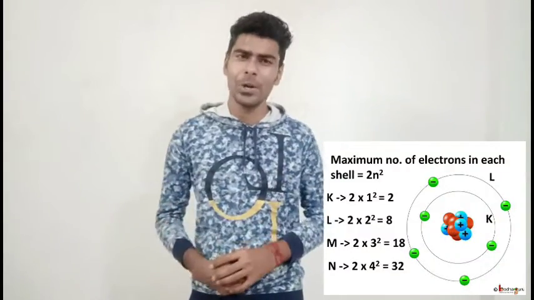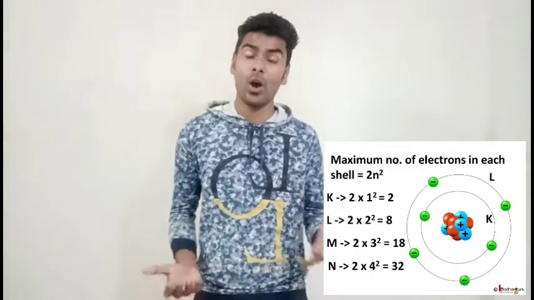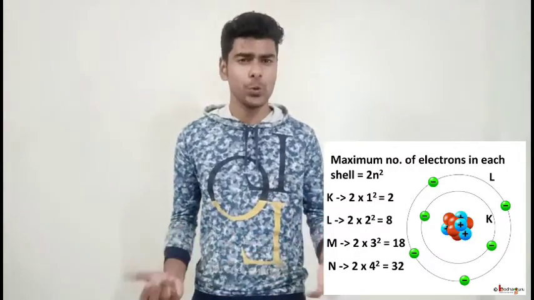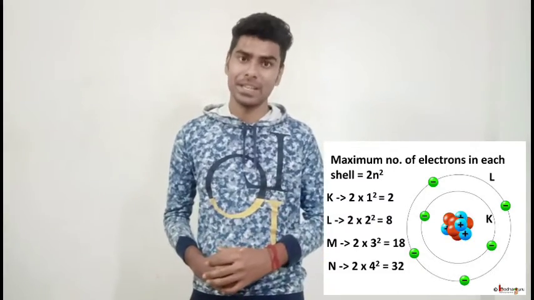The total number of electrons present in any orbit can be determined by a simple formula, which is 2n squared. In case of the first shell or orbit K, it is 2. In case of L, it is 8. And in case of M, it is 18.